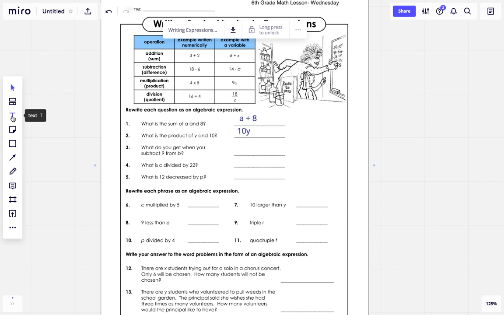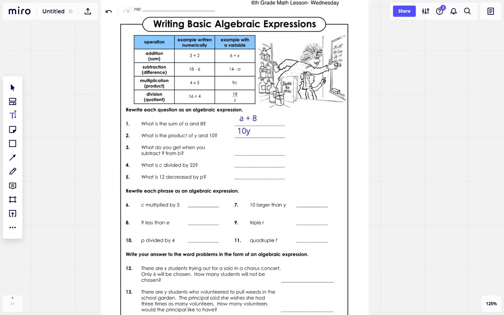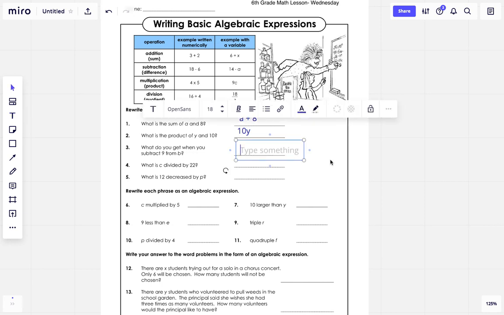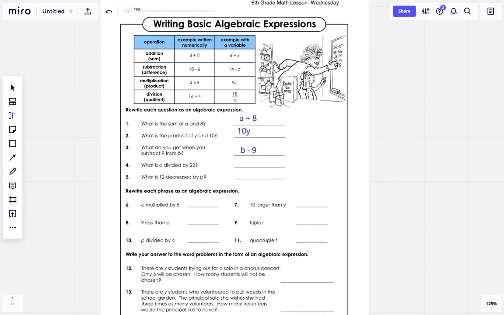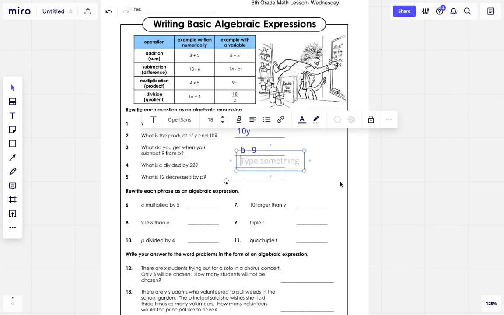Now remember I said that subtraction is a little bit tricky. So what do you get when you subtract 9 from b? So if we really look at that sentence, we know that we're starting with b and subtracting 9 from it. So b minus 9. So we have to really pay attention to the wording. Number 4, what is c divided by 22?